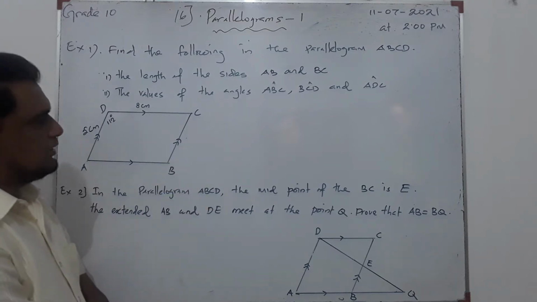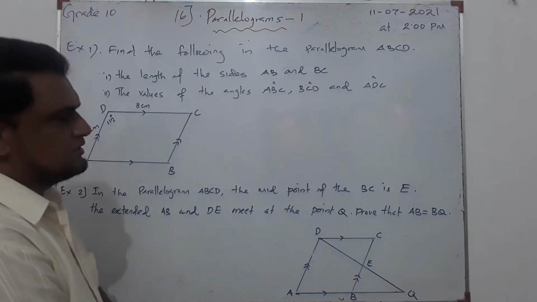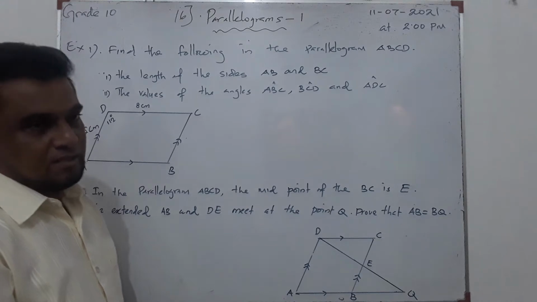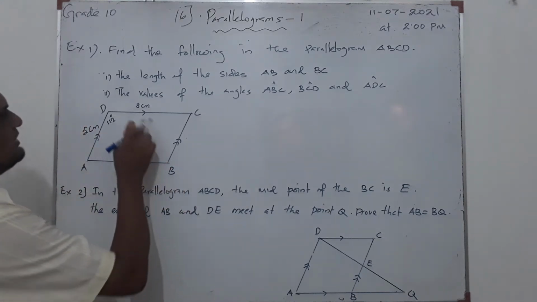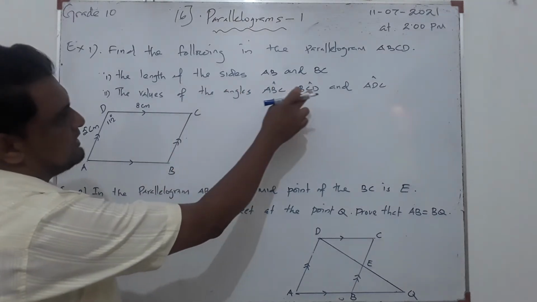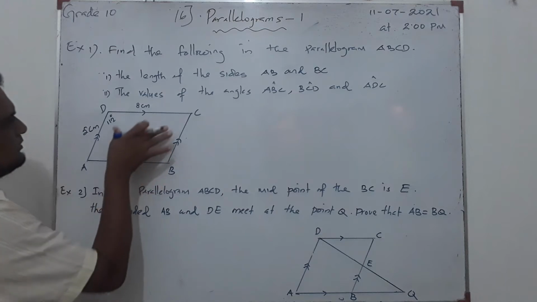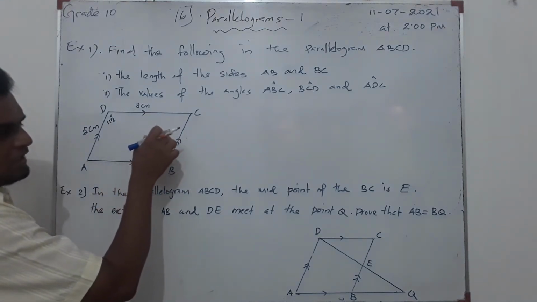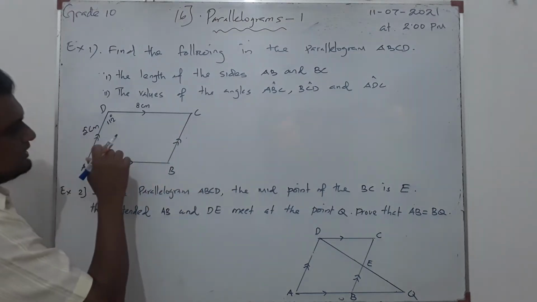So now look at this picture. When you remind the first theorem, we have seen very clearly in the previous classes. We have to find the length of the sides AB and BC. So AB is equal to DC because opposite sides of the parallelogram are equal, right?